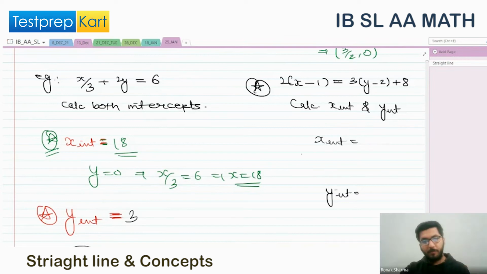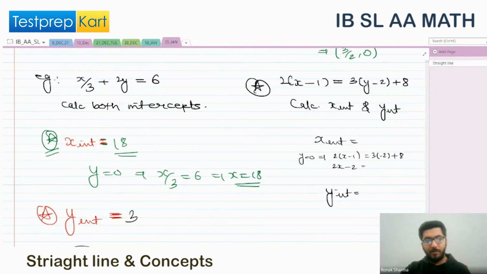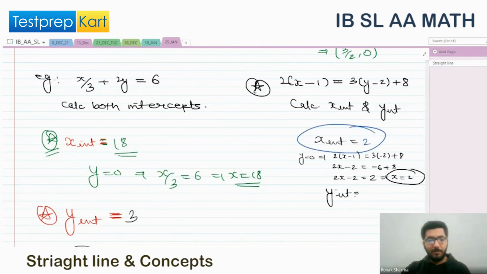If we put y equals to 0, what are we getting here? 2 times x minus 1 equals 3 times minus 2. So 2x minus 2 equals minus 6 plus 8. So 2x minus 2 equals 2. So x is 2. You are also getting 2. Good. What about the y-intercept?